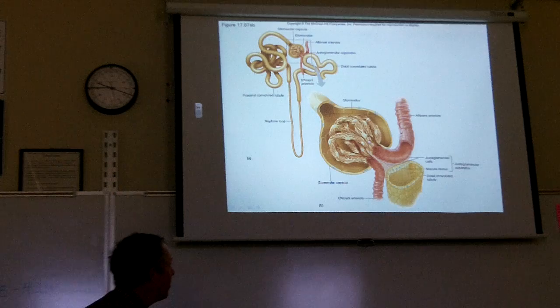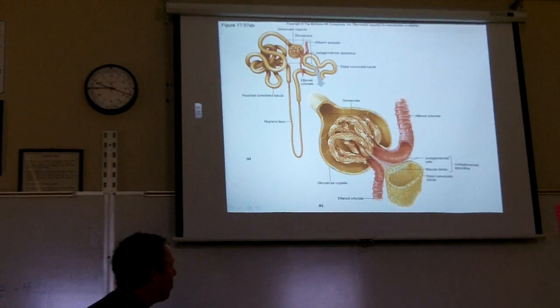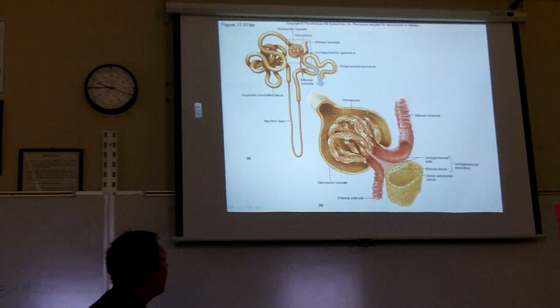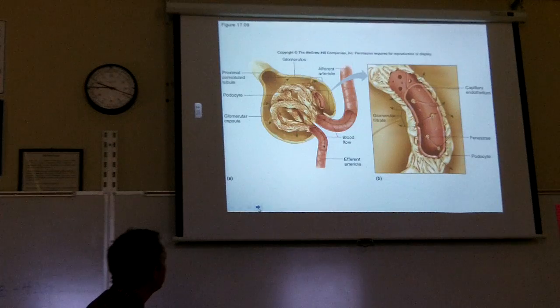And so a little bit of the water and the blood cells stay in the blood and continue on, but most of the stuff comes out. And then most of the stuff goes through this curvy tubule that curves around and around. And in this area where this curvy tubule is, here we see little arrows with the green, that's stuff coming out of the blood. Are y'all with me here?